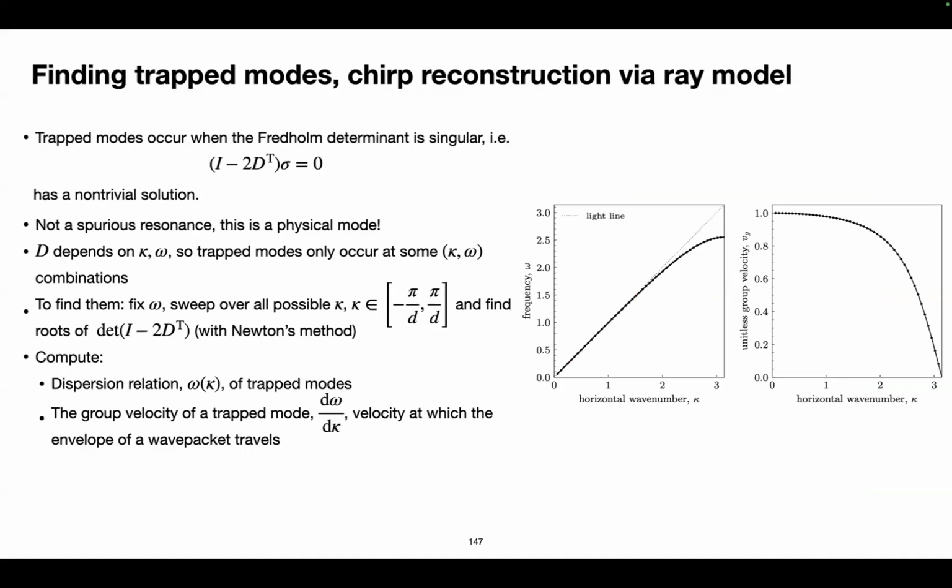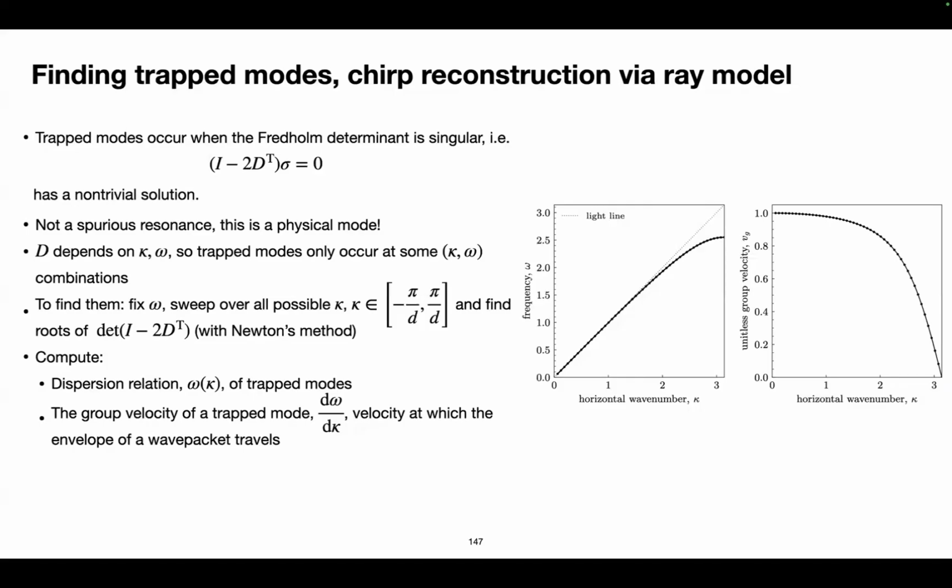And you get something like this on the left side. From the dispersion relation, you can also compute how quickly that acoustic mode propagates, so how quickly it moves down the stairs. And from this, you can create a very crude model of what a footstep sounds like.